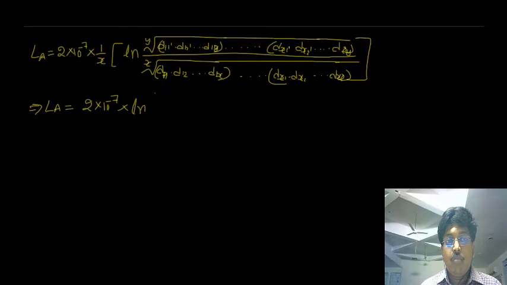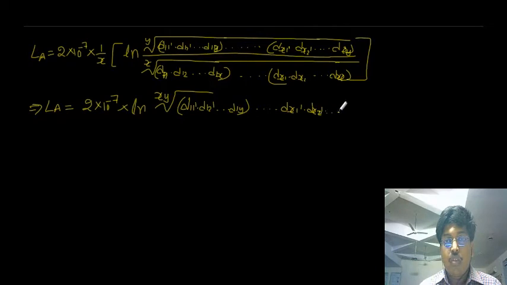So this numerator term becomes xy root of d11 dash into d12 dash into so on d1y, into so on dx1 dash into dx2 dash into so on dxy.